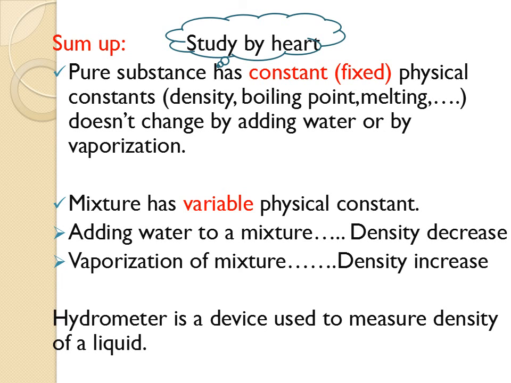If we add water or if we vaporize, the recordings change. For example, if we add water to a mixture, the density decreases, and if we vaporize our mixture, the density increases, as in our case for today. A hydrometer is a device used to measure the density of a liquid. Don't forget it.